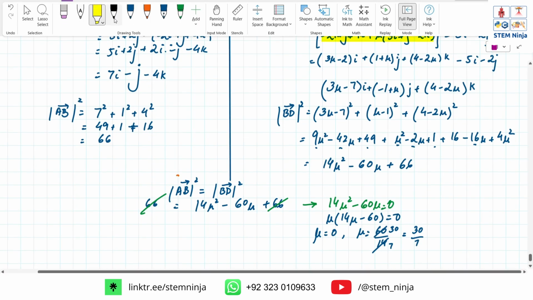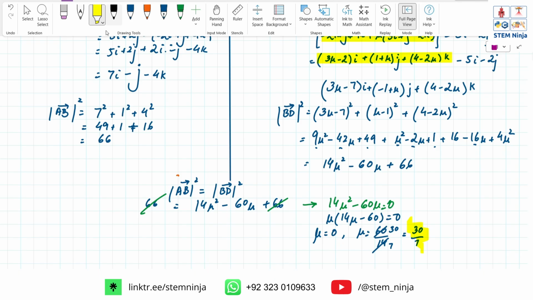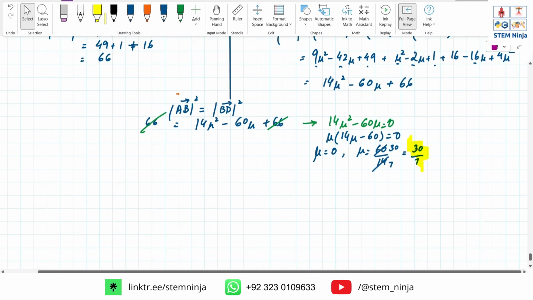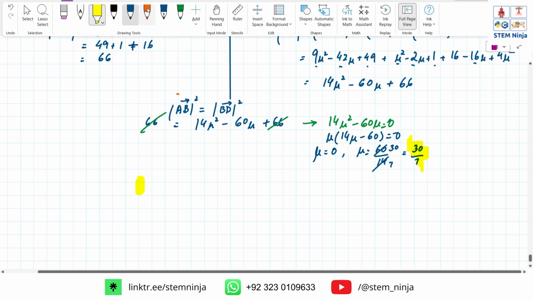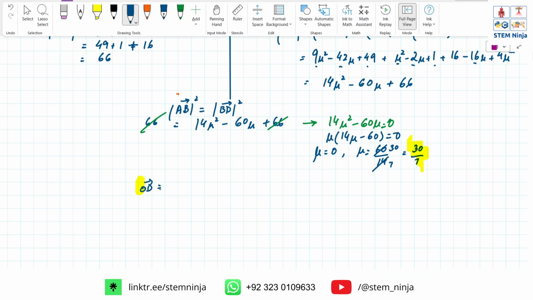Now this mu can be plugged right over here because that was the representation of OD. So OD is (3 mu minus 2)i plus (1 plus mu)j plus (4 minus 2 mu)k.